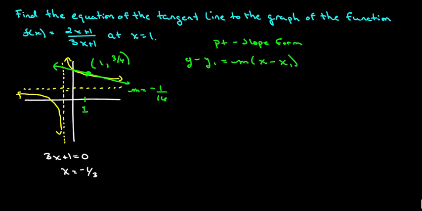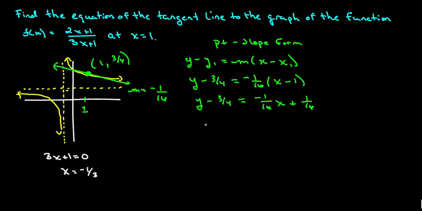Okay, now let's go ahead and plug that in here. So I'm going to get y minus y1, which is 3/4, is equal to m times x minus, now my x1 value is 1. So this will be y minus 3/4 is equal to negative 1/16 x plus 1 over 16.